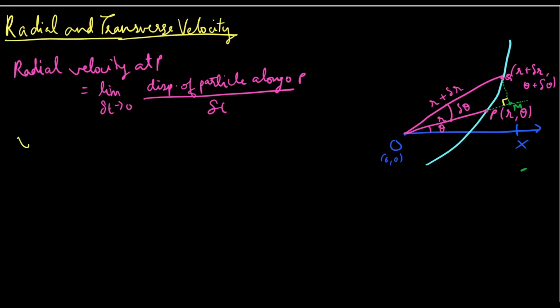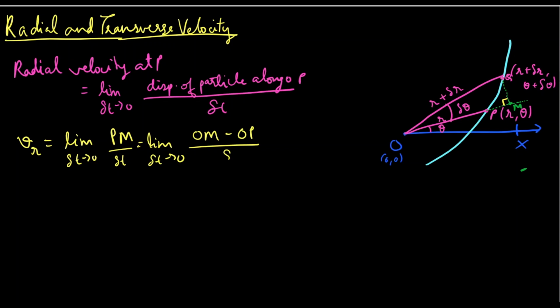Let us represent radial velocity with Vr. So Vr is equal to limit del t tends to 0. Displacement of particle along OP is obviously PM. So it is given by PM over del t. Now we can write PM as OM minus OP over del t. This expression can also be written as limit del t tends to 0.